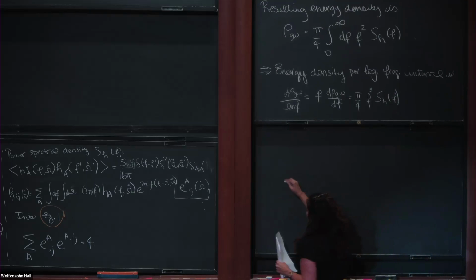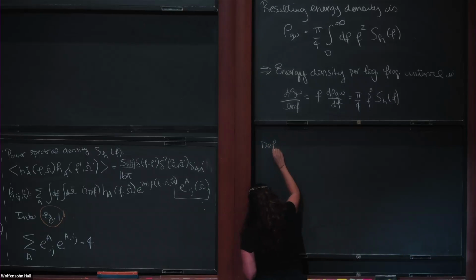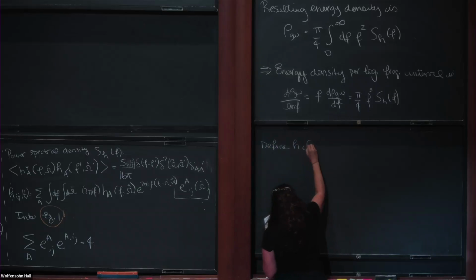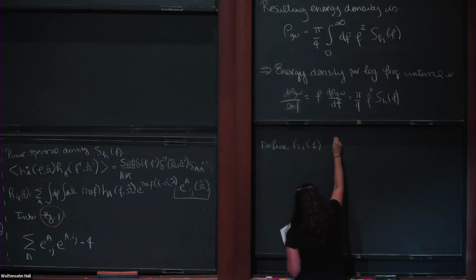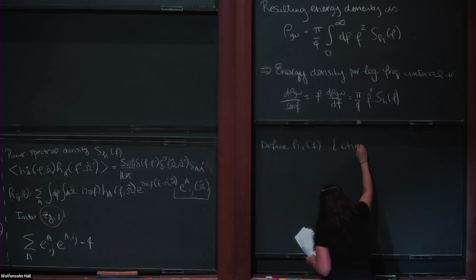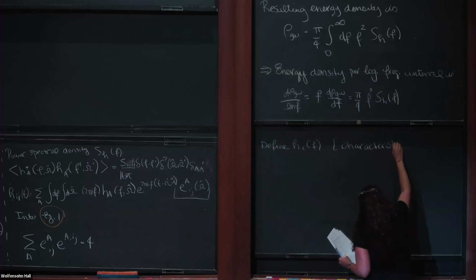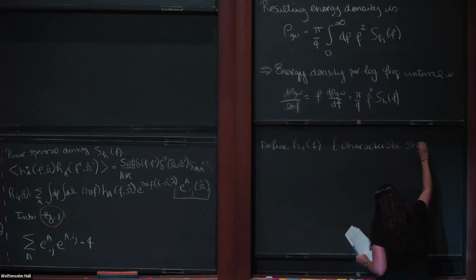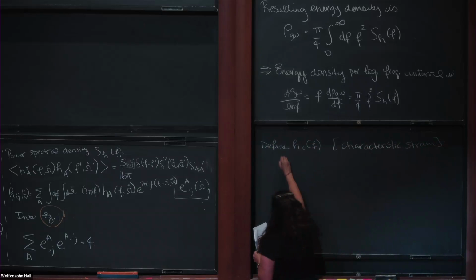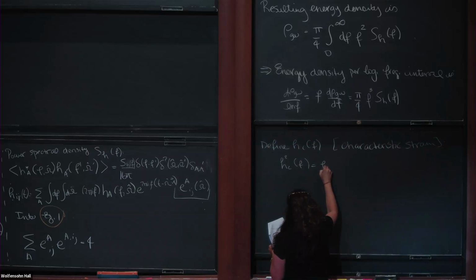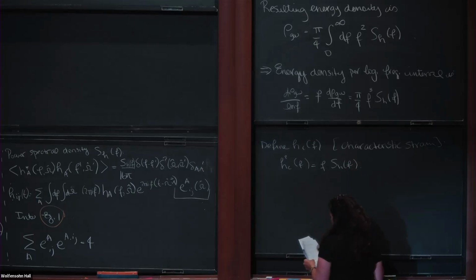So then we define the characteristic strain here. So this is the characteristic strain: h_c squared of f is equal to f times S_h of f.